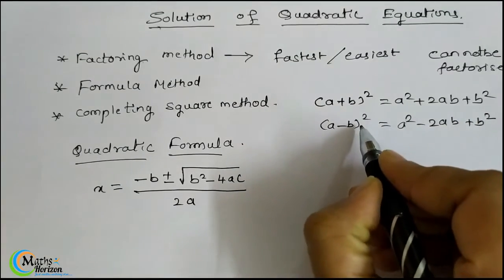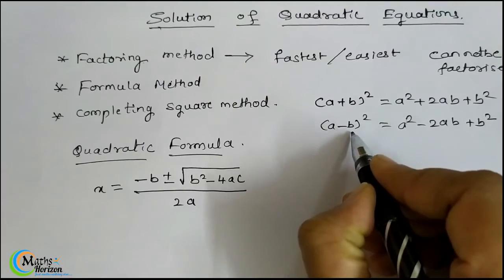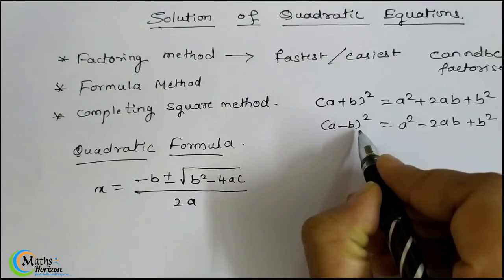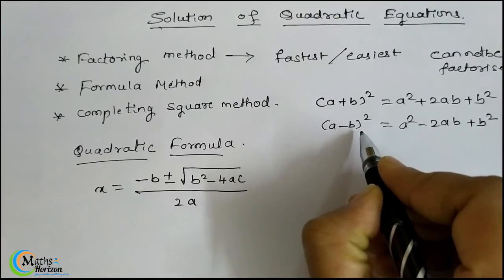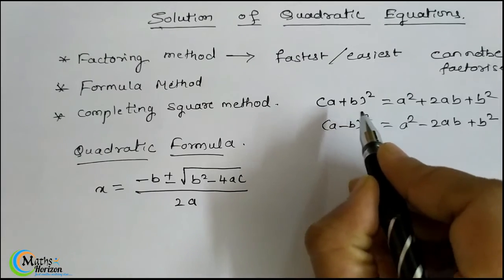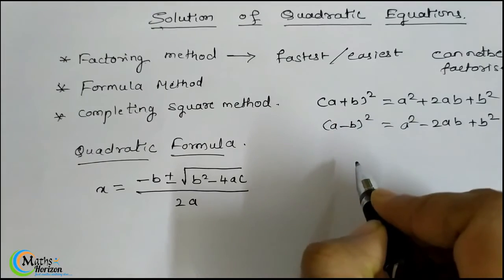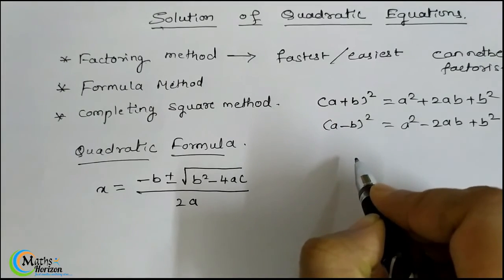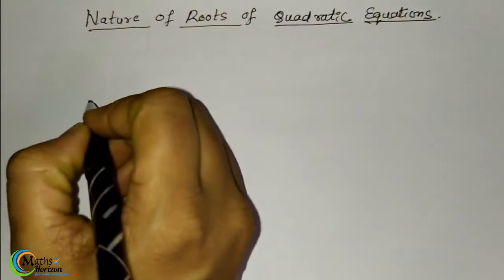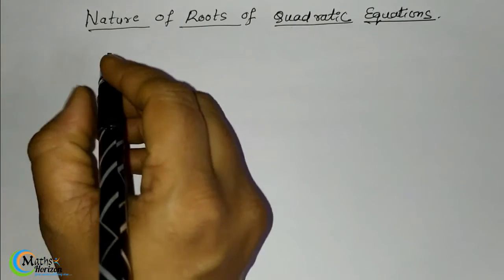These are called perfect squares. By converting the quadratic equation into this perfect square form, we can find the solution of the quadratic equation. Now we will discuss the nature of roots of a quadratic equation.